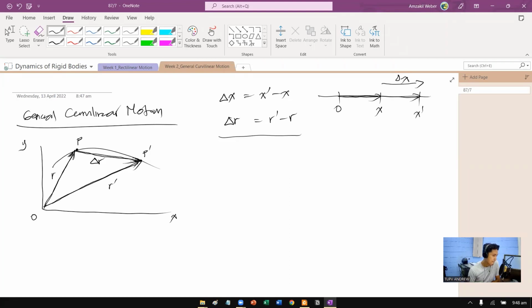Now, since we also tackled the difference between the average velocity and the instantaneous velocity, and the average acceleration and instantaneous acceleration, we know that average is an approximation, meaning you have only two points, the final and the initial state, whereas for instantaneous velocity or instantaneous acceleration, you have the behavior of the motion, meaning you can predict at any given time what the velocity and the acceleration are.